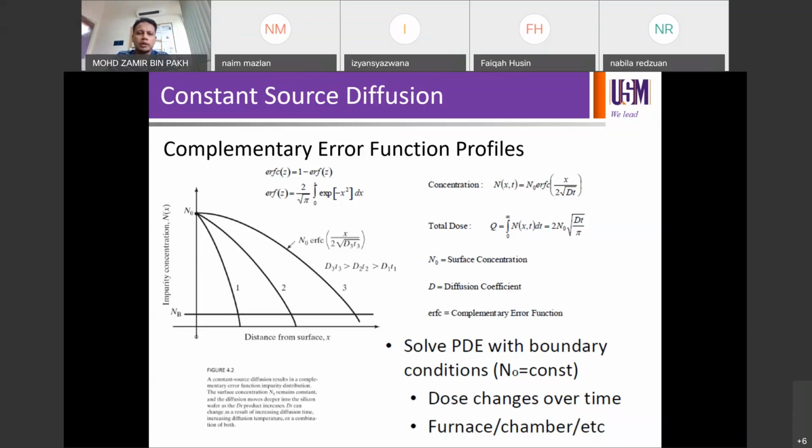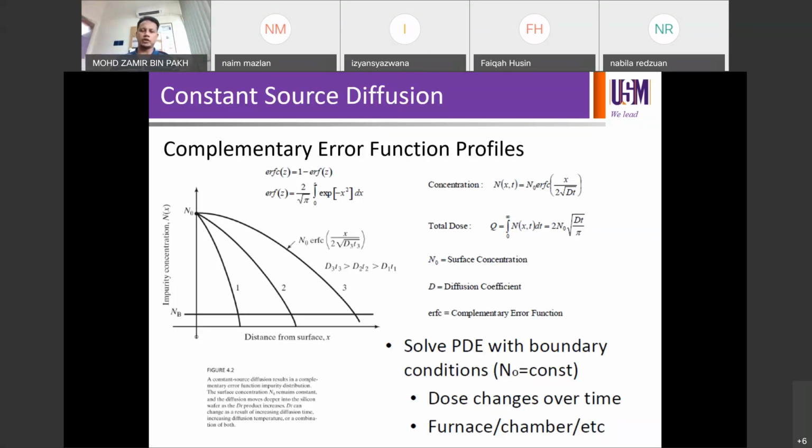Whereas for limited source diffusion, you may have around 15-20 minutes or up to 30 minutes of phosphorus coming into the furnace, and for the rest of the process there's no new phosphorus supply to the wafers. So that's the difference.